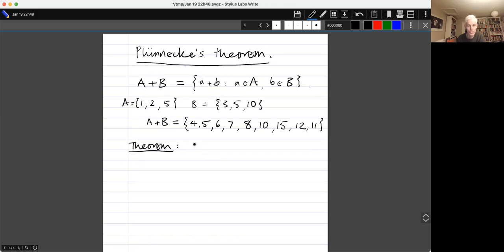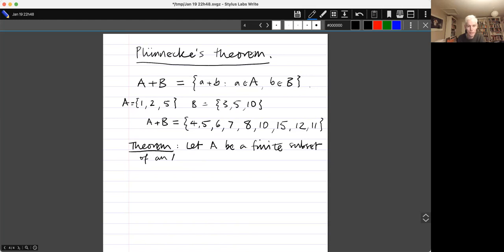It says that if A, or I prefer to say let A be a finite subset of an abelian group. I don't know whether Plünnecke actually stated it in quite this level of generality.